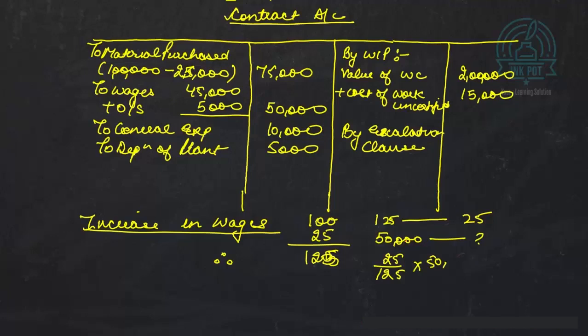It comes out to be 50,000 into 25 divided by 125. This is 10,000. Total increase in wages is 10,000. Increase beyond 5% we have to calculate.